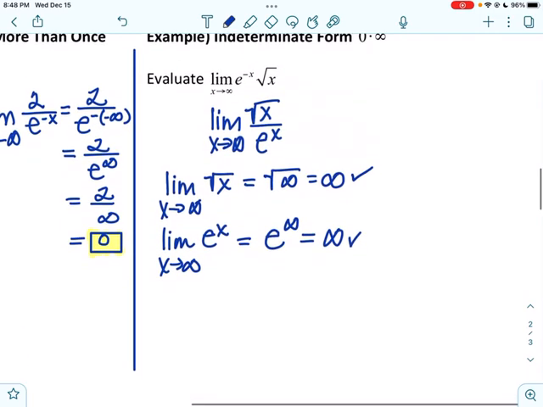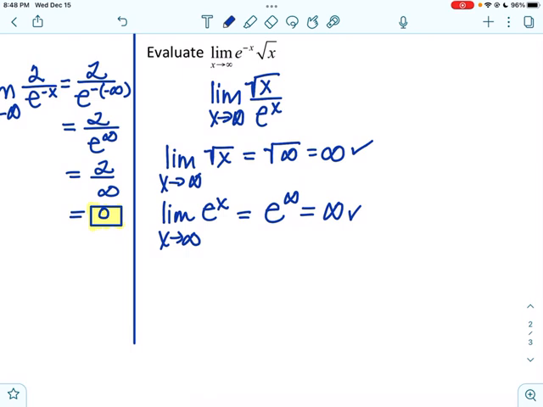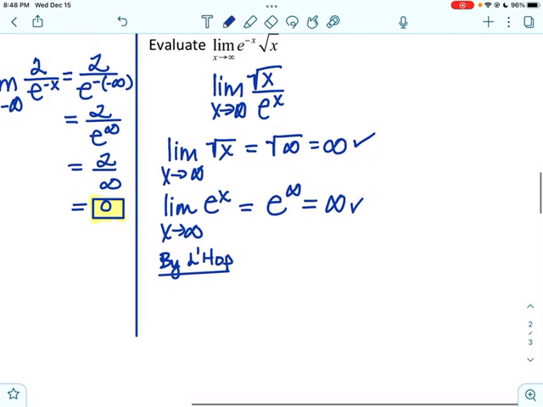So then, therefore, by L'Hopital's, we'll just say by L'Hopital. So then we have the limit as x approaches infinity of, and we'll just write it as the fraction, the square root of x over e to the x, even though it's not the original form.